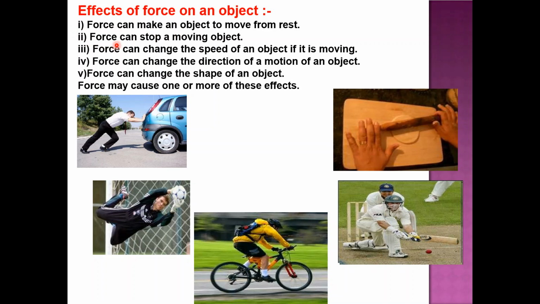Second is, force can stop a moving object. Third is, force can change the speed of an object if it is moving. Force can change the direction of motion of an object. Force can change the shape of an object. Force may cause one or more of these effects.